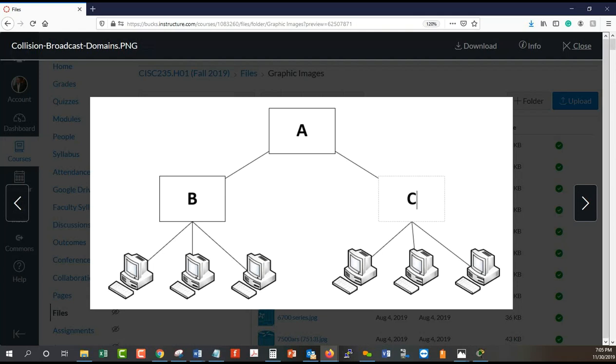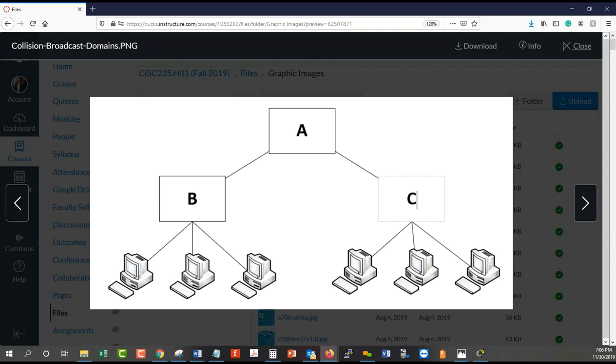Okay, you gave me 4 collision domains, which is correct. How many broadcast domains? The question you've got to ask yourself is, are there any routers in this diagram? No, there are no routers. Therefore, the broadcast domain will not be broken up. This is one big broadcast domain.